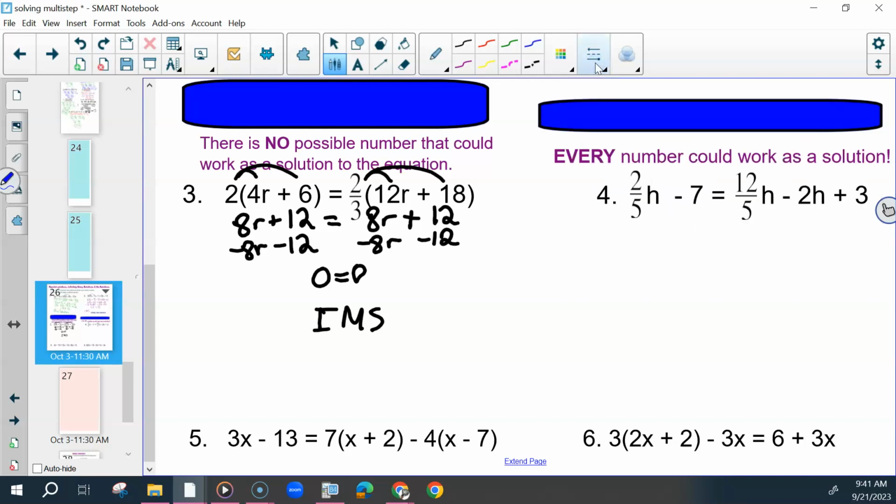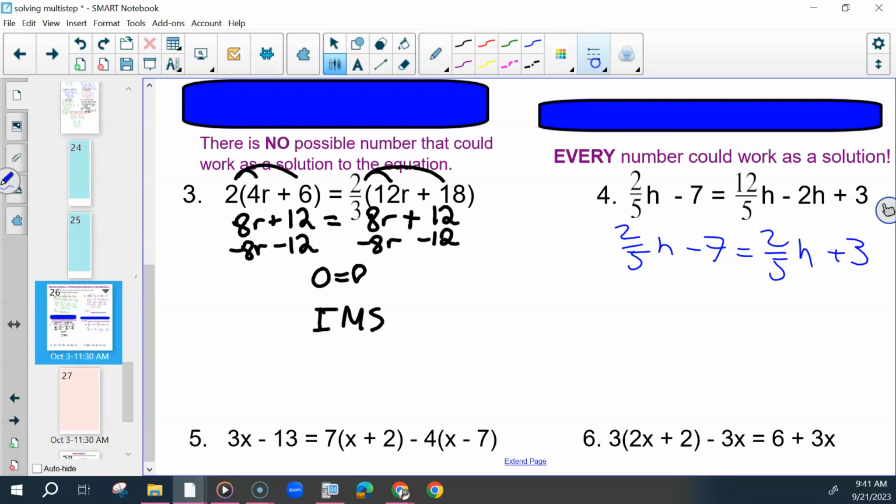Okay, so there were different ways you could have done number 4. One, you could have started with combining like terms and then moving. You could have also moved things before combining like terms. As long as you do them eventually, it doesn't matter. So if we combine our like terms, we had 2/5 h minus 7 equal 2/5 h plus 3. This should tell you that we have different coefficients, so it's going to be no solution.